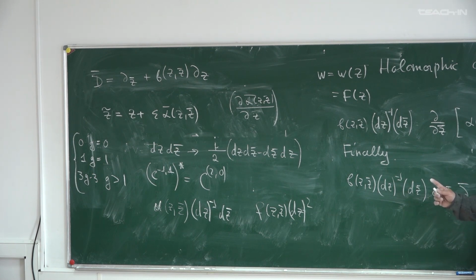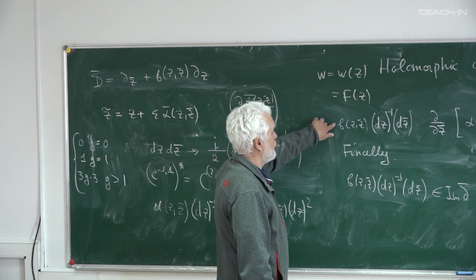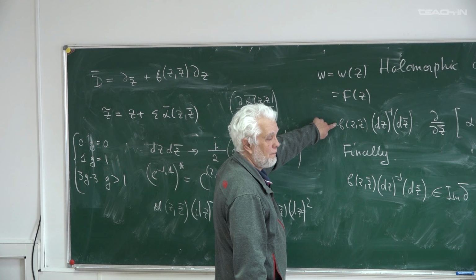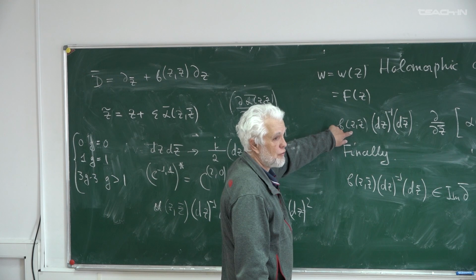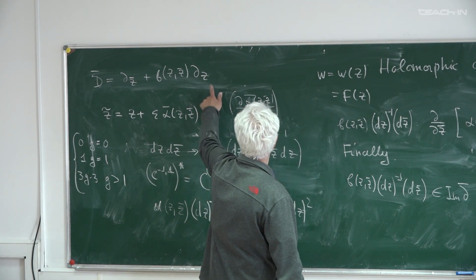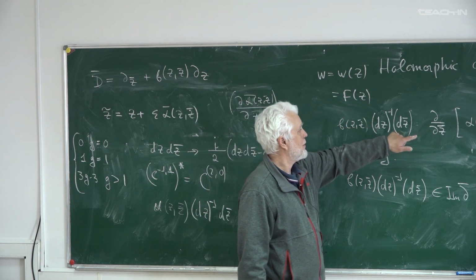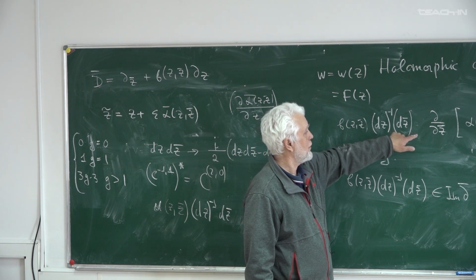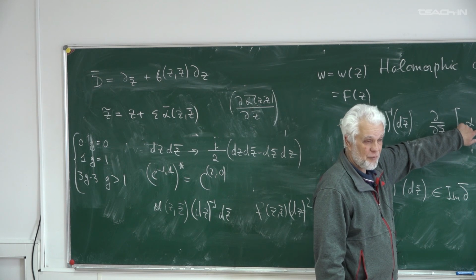Okay? Is it clear? First of all, we proved that deformations of complex structure are defined by such differentials, called Beltrami differentials. Then a Beltrami differential is trivial if and only if it can be represented in this form.